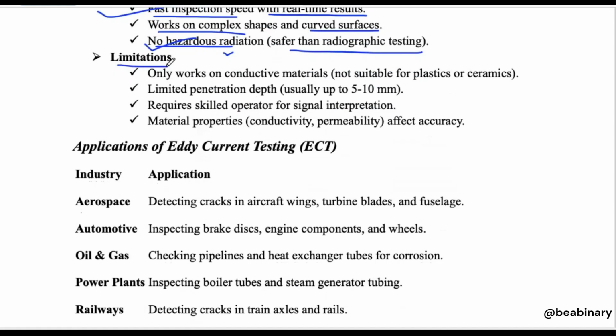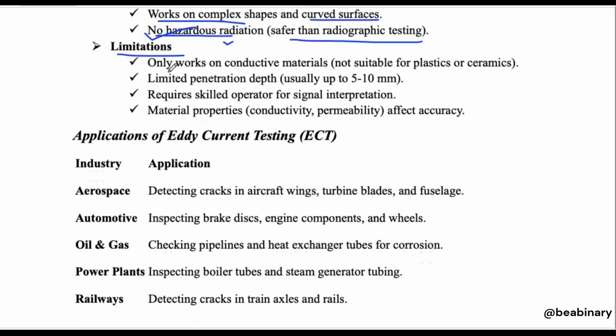What are the limitations? It only works on conductive materials, not suitable for plastic or ceramics. It is very genuine and obvious to have this limitation, because we are using electric current, and due to electric current we have a magnetic field, and due to the changing magnetic field we get eddy current inside the material.